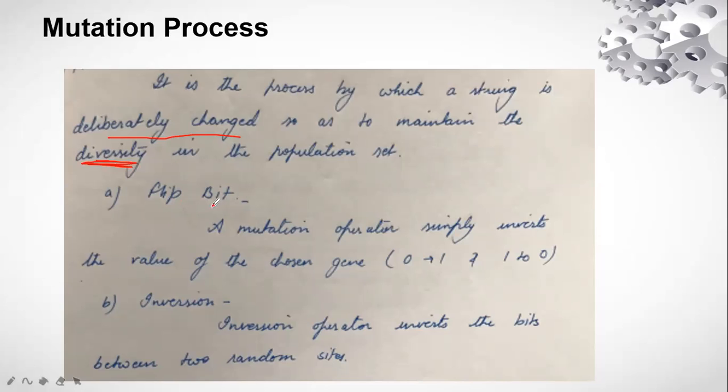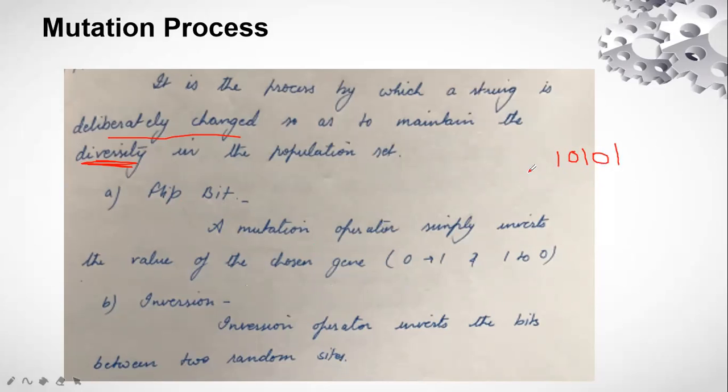In this, we have flip bit. What is this flip bit? This is the mutation operator. The mutation operator simply inverts the value of the chosen gene from 0 to 1 or 1 to 0. Let's take an example. Let's say we have an individual chromosome which has these bits, right?